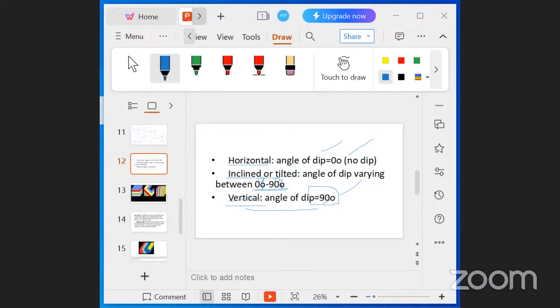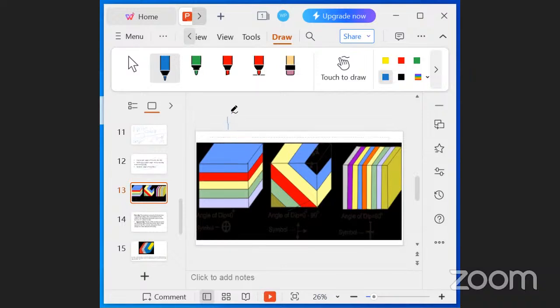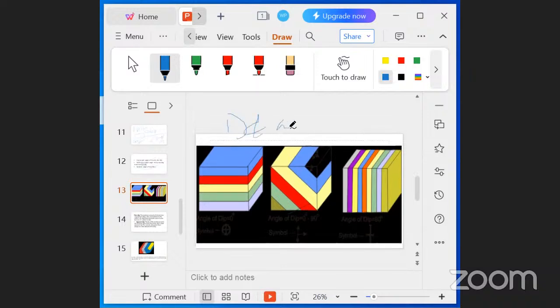So now the dip is a vector quantity as it has both direction and amount, right? Direction and amount.